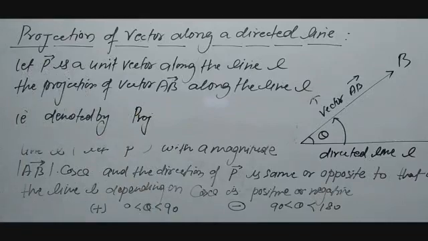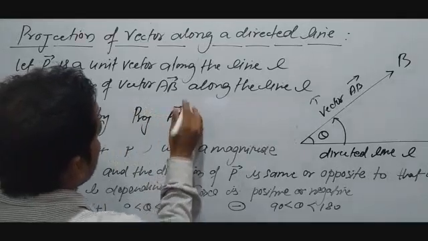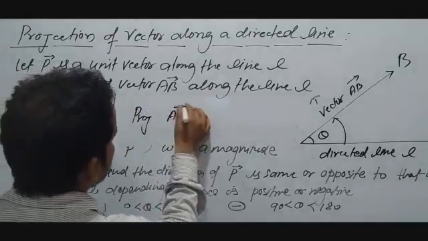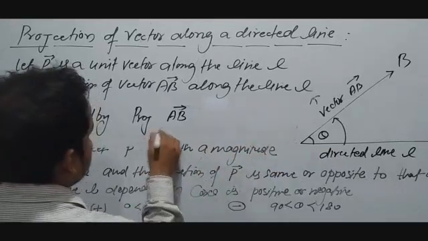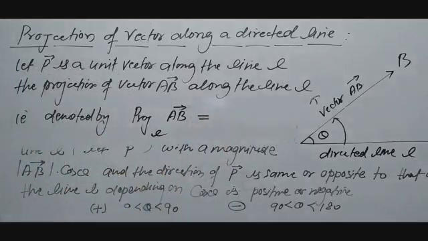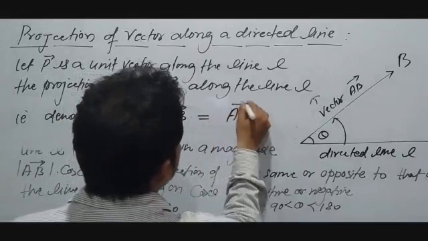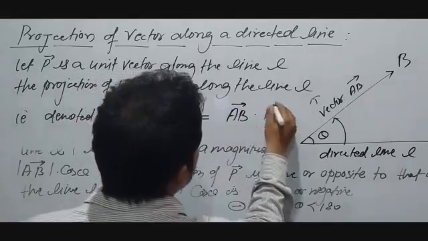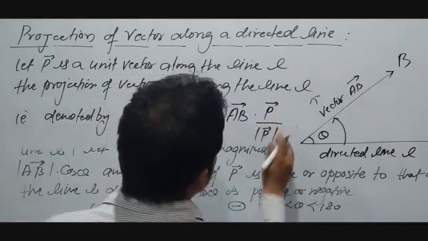The projection of vector AB on the line L, this is the directed line on the line L, that is equal to, we can write vector AB into vector P upon mod of vector P, because this is a unit vector.